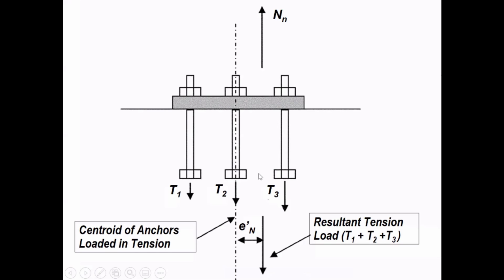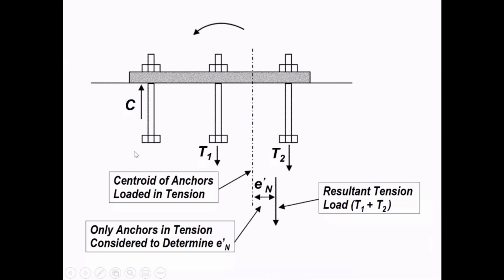We have three anchors subject to tension. In this group, it could be 6 or 9 anchors, whatever. This is the resultant tension, and this is the centroidal axis of the anchor group. This is then the eccentricity.